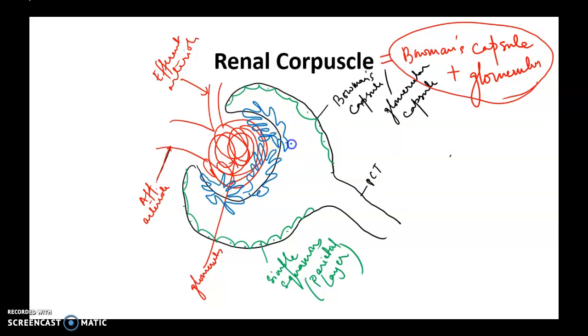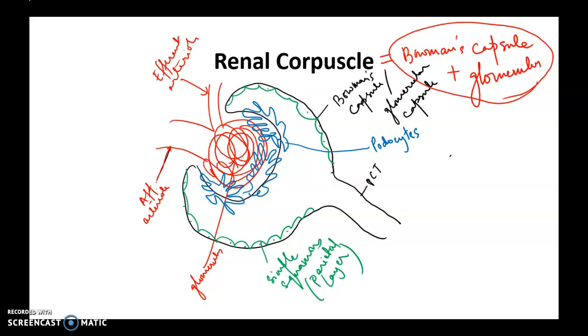What are they called? Podocytes. Okay, so we are looking into the Bowman's capsule. The parietal layer is made up of simple squamous epithelium. The visceral layer is made up of specialized epithelial cells called podocytes.